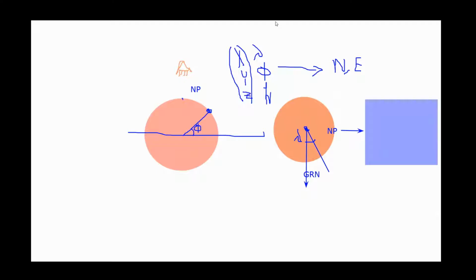Let me actually clear the board and put it in a more text format. So we have X, Y, Z, which could also be represented as our lambda, our phi, our h.